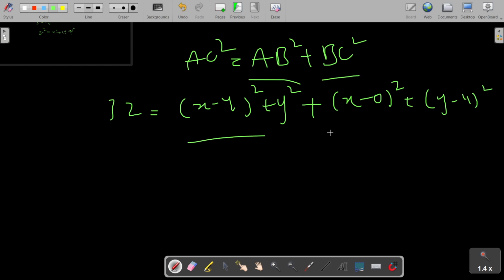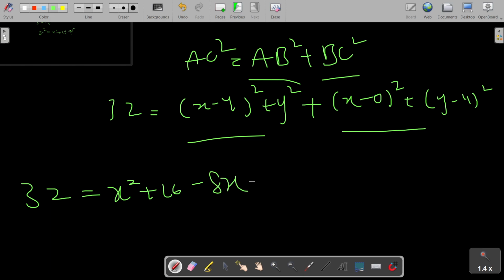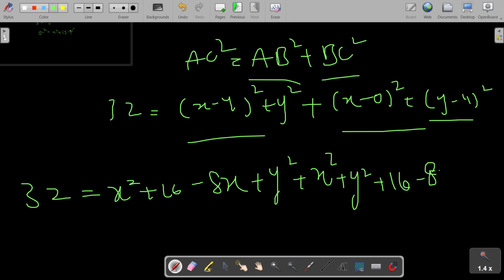So 32 is equal to x squared plus 16 minus 2 times 4 times x, which is 8x, plus y squared, plus x squared plus y squared plus 16 minus 2 times 4 times y, which is 8y.